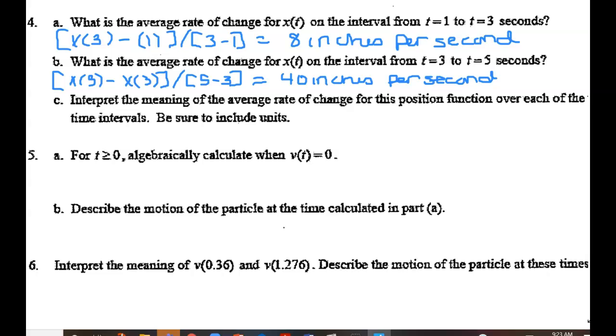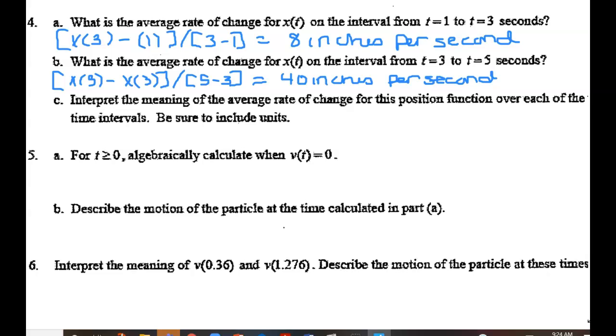So if the rate from 3 to 1 is 8, and then the next from 3 to 5 is 40, what does that mean about the particle? It says interpret the meaning of the average rate of change for the position function over each of the time intervals.